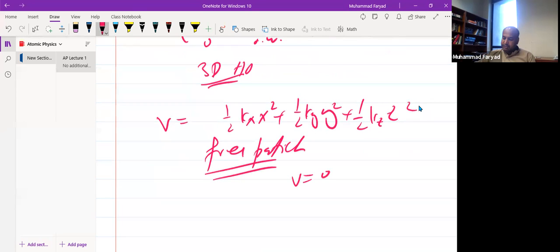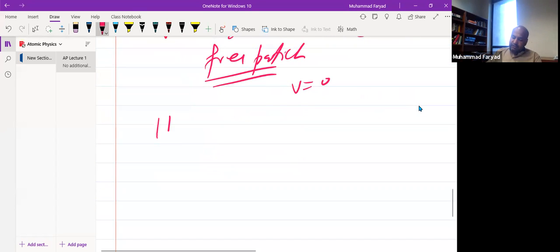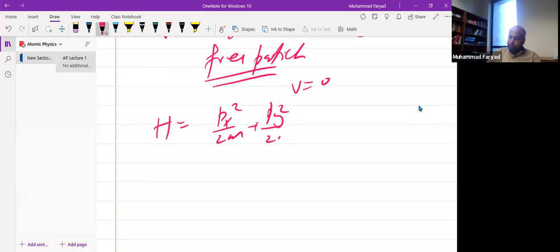So for these situations, you see the Hamiltonian for the single particle is something like this: we have px square, py square, pz square over 2m.